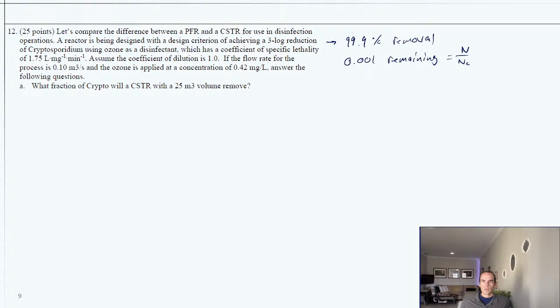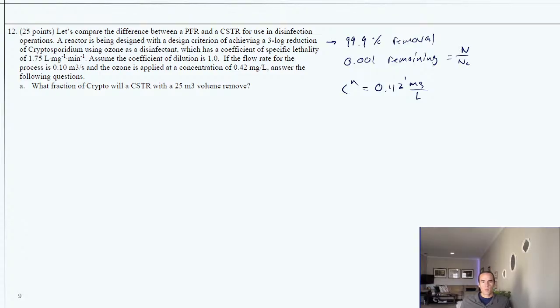We assume that the coefficient of dilution is 1, and if the flow rate of the process is 0.1 cubic meters per second, and the ozone is applied at a concentration of 0.42 milligrams per liter, we got to answer the following questions. So our C to the N is simply 0.42 to the 1 power milligrams per liter.